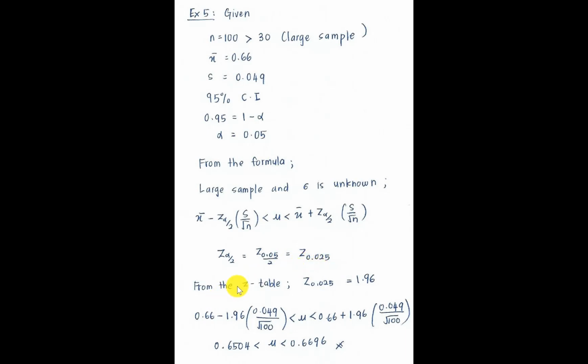So by looking at the z table, we are looking for the critical value of the z table, then we get 1.96. So we substitute 1.96 here. Our x bar is here 0.66. Then our standard deviation of the sample and the number of samples. Then we simplify, then we get this estimation of the confidence interval.